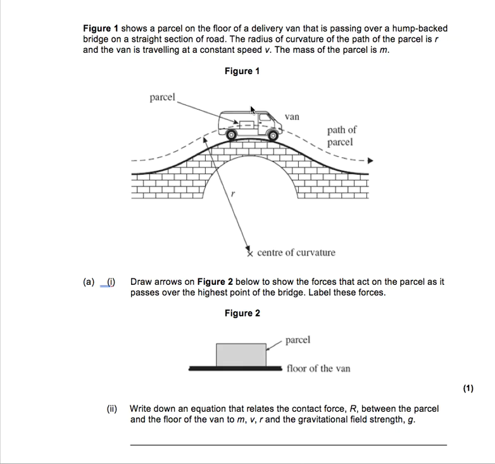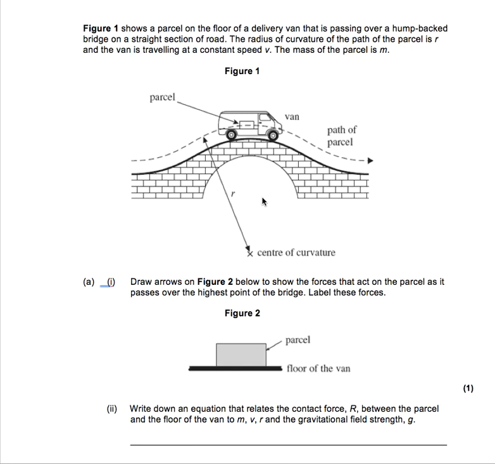Now, you know that the faster the van goes over the bridge, or the more humped the bridge is, the smaller the radius of the bridge, then the bigger that centripetal force will have to be.